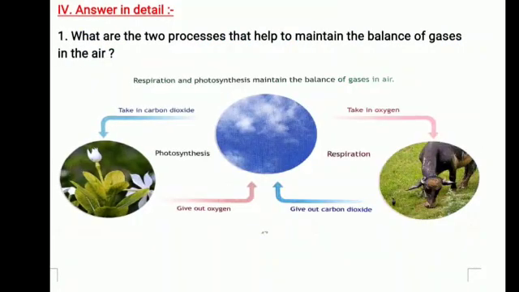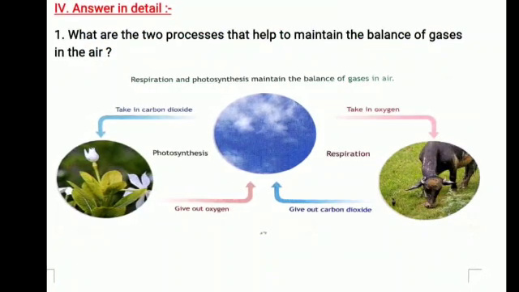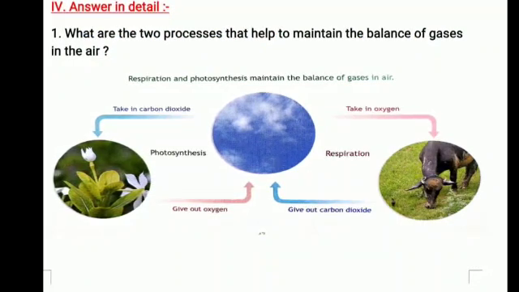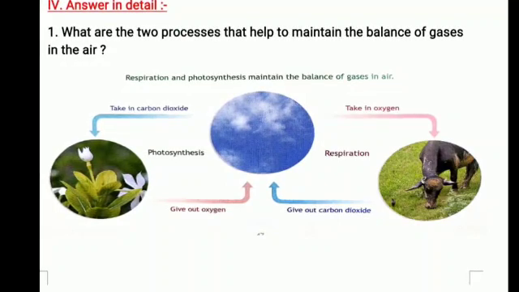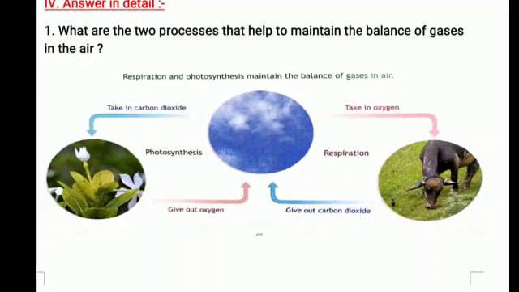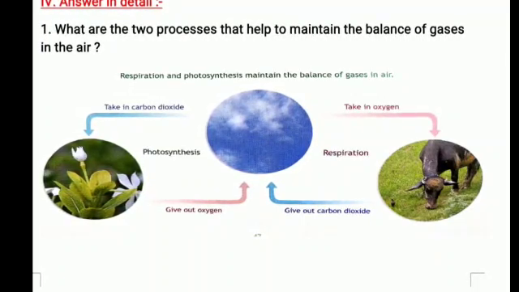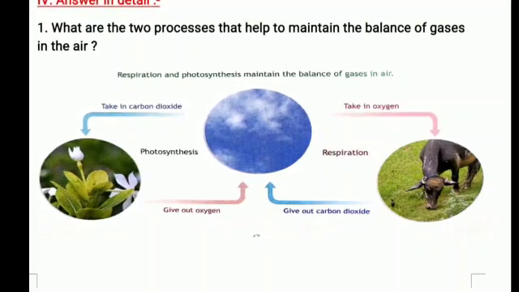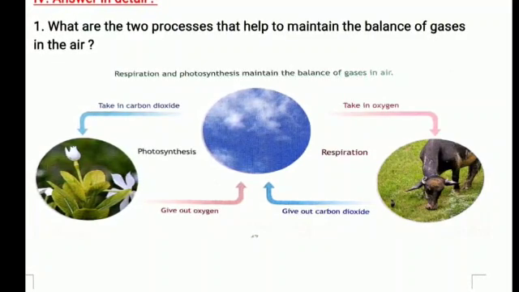Next is long answer questions or detailed answers. From this lesson, 3 questions are very important and can be asked as detailed answers. The first one is, what are the 2 processes that help to maintain the balance of gases in the air? Respiration and photosynthesis are the 2 processes that help to maintain the balance of gases in the air.